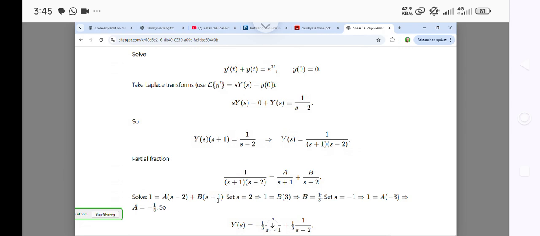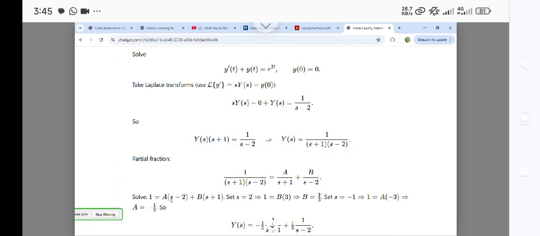If I want to get my A and B, I can decide to let s be equal to minus 1. That's the safest way of doing this. Or let's start with letting s equal 2. To get our B, we need to eliminate A by setting s equals 2.